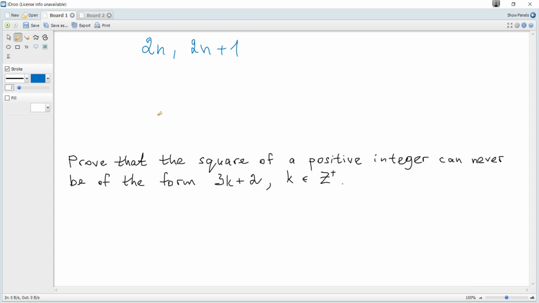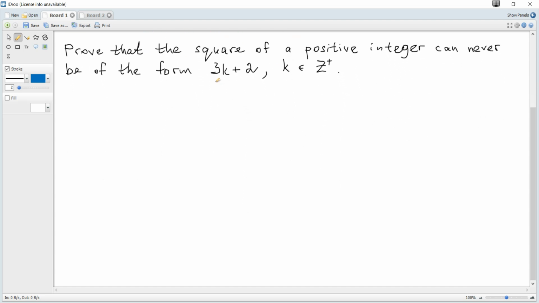Or any integer can take one of the following three forms, 3n, 3n plus 1, 3n plus 2, or it can be 4n, 4n plus 1, 4n plus 2, 4n plus 3, and so on. And in general, if you show that it's true for all these groups, it's true for any integer.